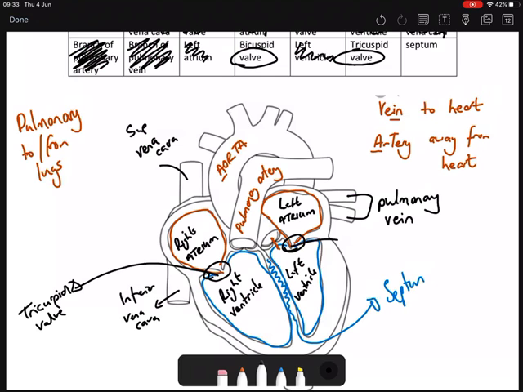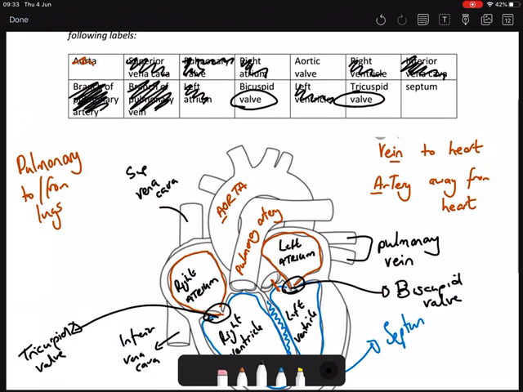And then on the left we have bicuspid. Great. And finally we have the aortic valve. The aortic valve is the one connected to the artery, and it is this one just here. And that again is going to stop blood going in the wrong direction.